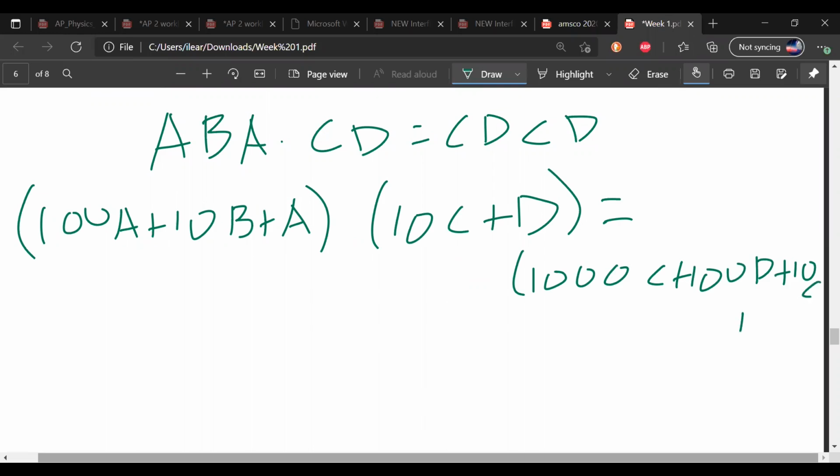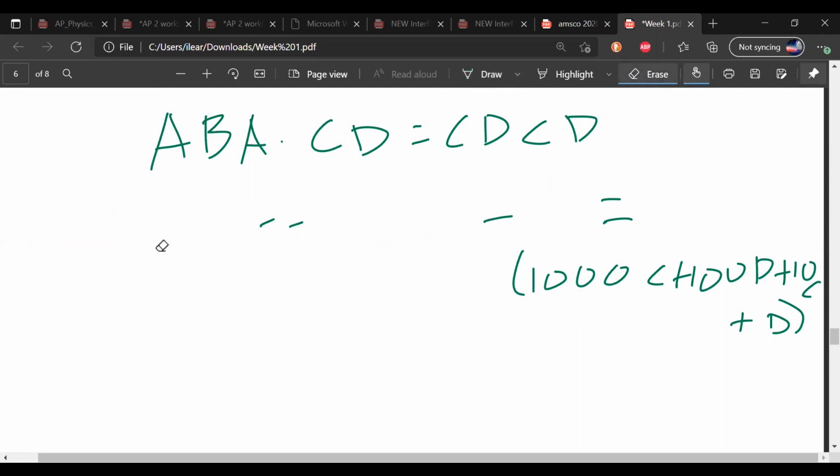Oops, I ran out of room anyways, plus D. Sorry about that. All right. So we have 4 unknowns, and we could just straight up bash it. This is how you would typically solve a problem like this if you didn't know one crucial piece of information: that CD times a 3-digit number is equal to CD.